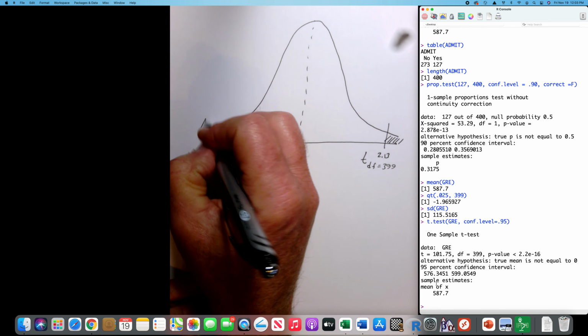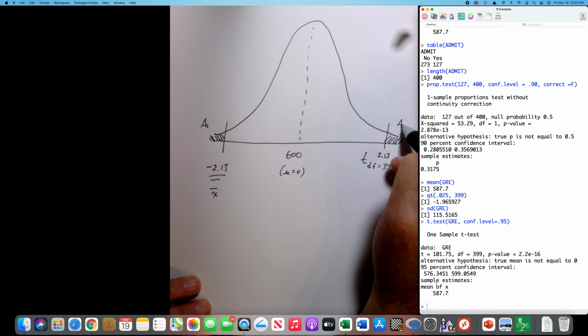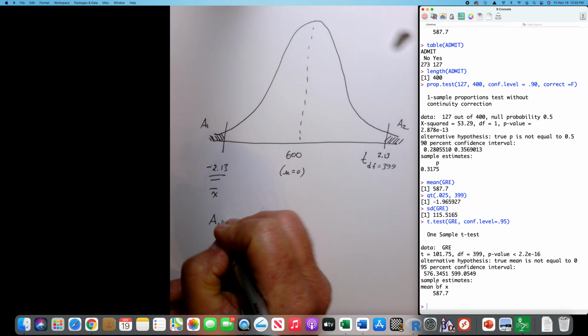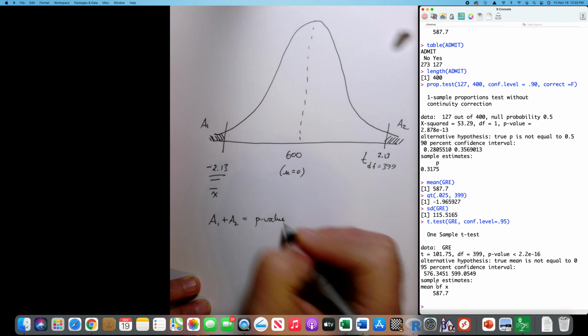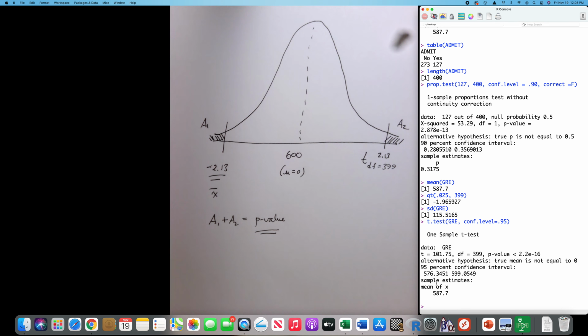We need this area and this area to come together to create our p-value. Well, it turns out this is easy to do.